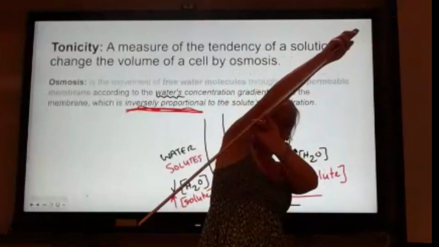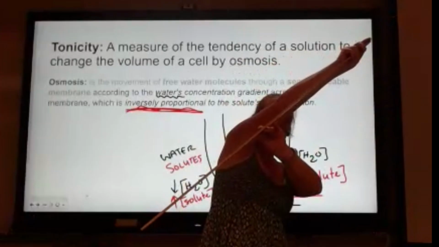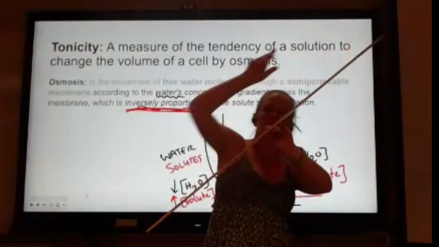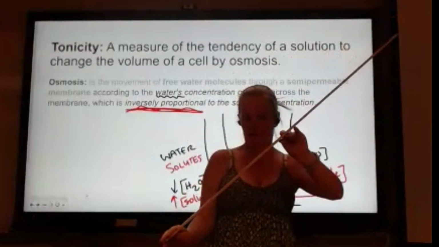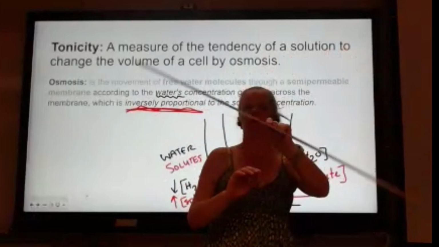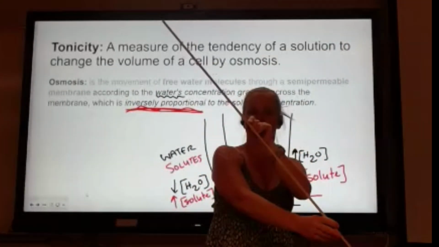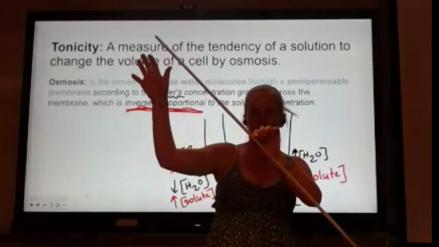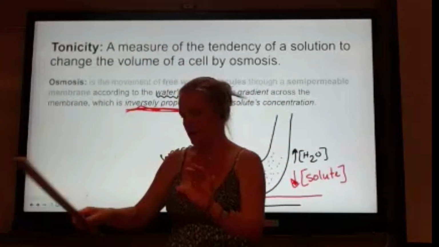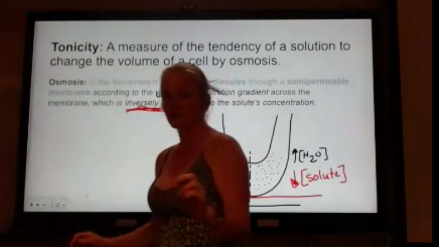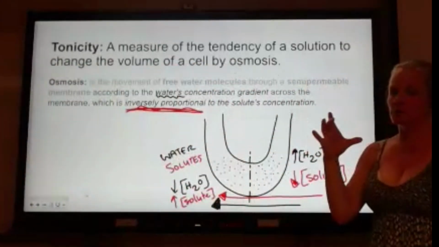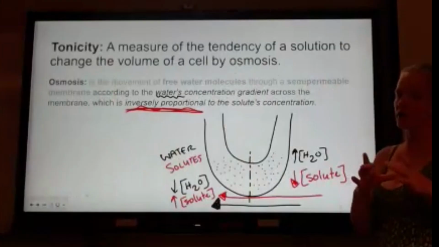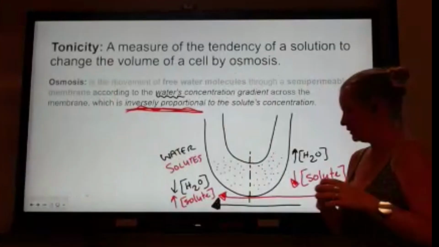My water molecules are going to want to move from high concentration of water, which is the same as low concentration of solutes, to an area where water concentration is low and solute concentration is high. I know it's a little mind melty, but this is why drawing a picture is going to help you.